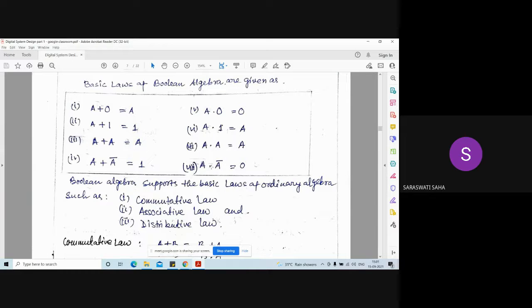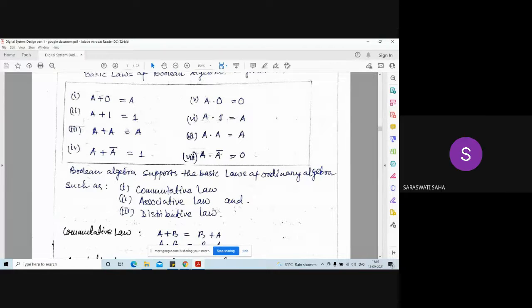For the dot rule, A dot A bar. What will it be? 0. Today is the first day, just practice, do it. A dot A bar. Check, if A is 0, A bar will be 1.